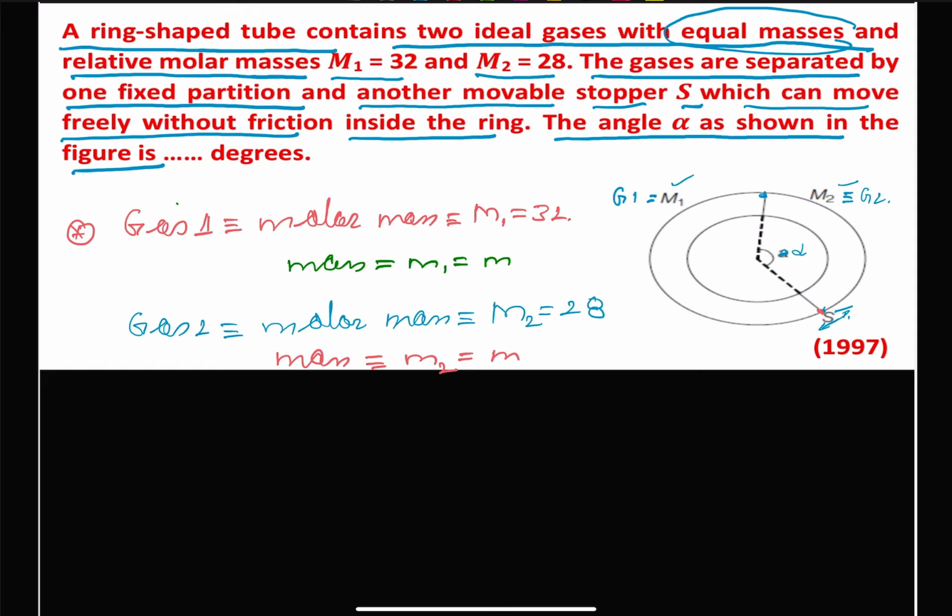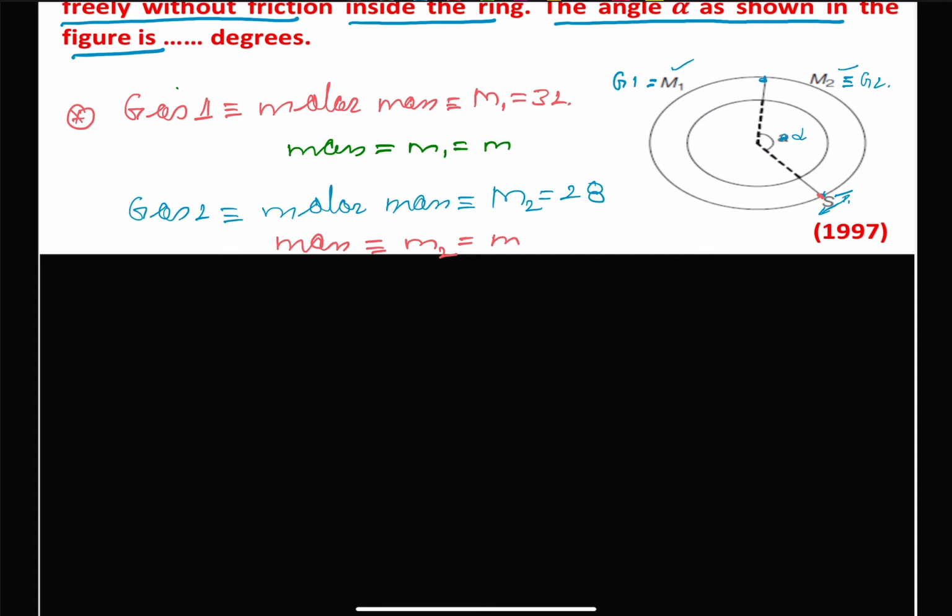So for the equilibrium condition, for gas 1 let us suppose the pressure is P1, and for gas 2 let us suppose the pressure is P2.